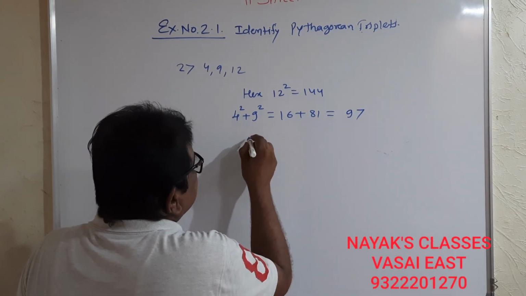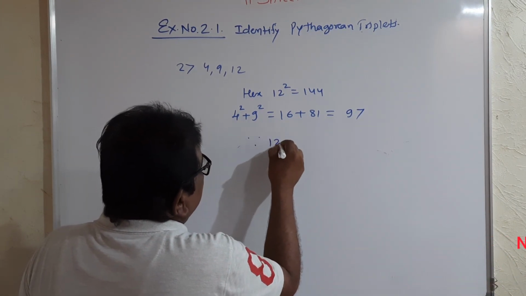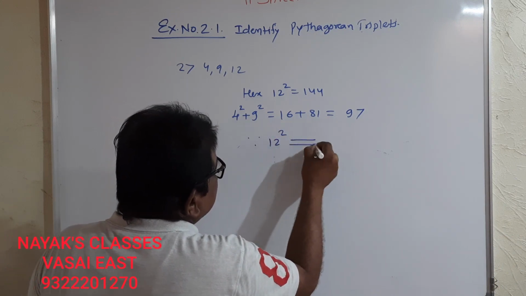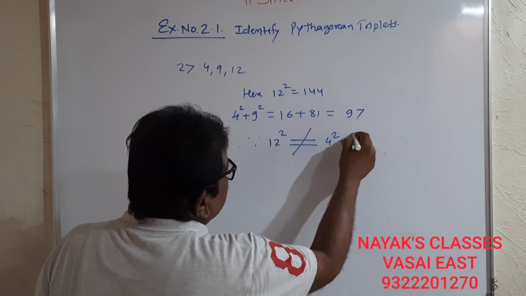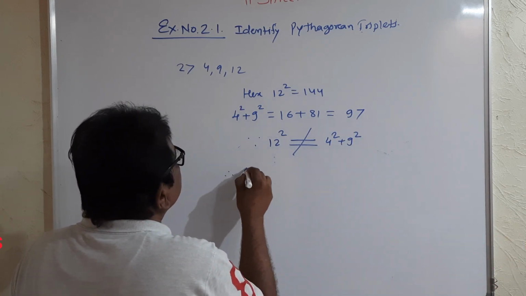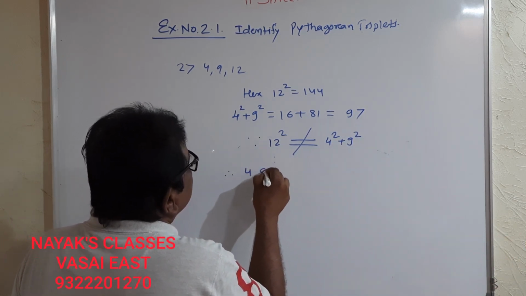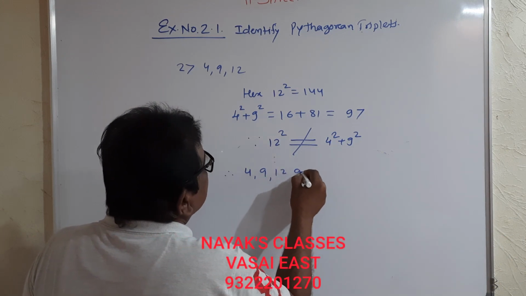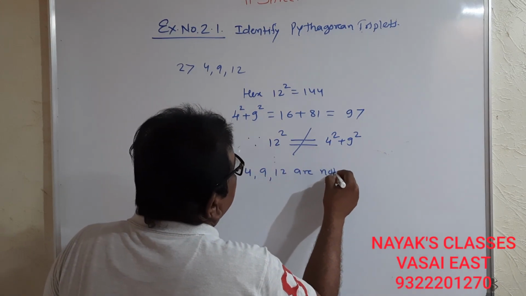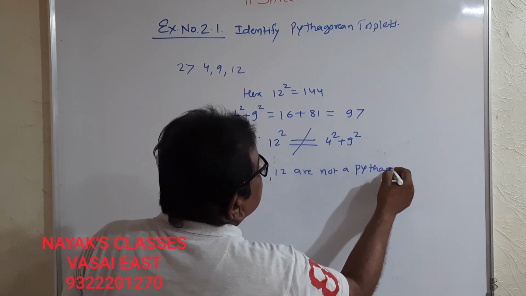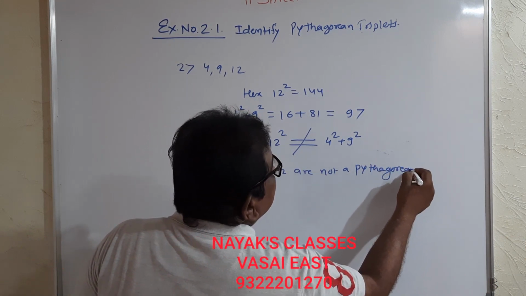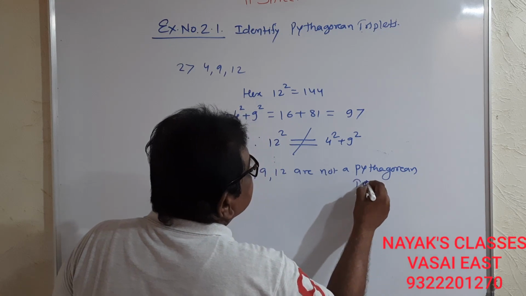Therefore, since 12 square is not equal to 4 square plus 9 square, 4, 9 and 12 are not a Pythagorean triplet.